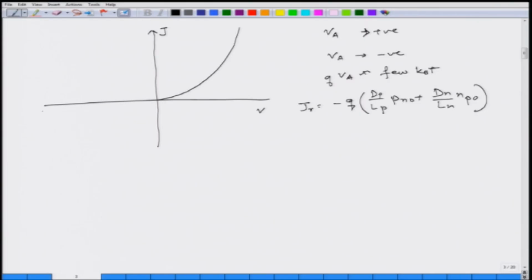So, in the reverse bias, I am going towards constant current, which is given by this, and this is also known as the reverse saturation current. So, this is the ideal IV characteristic of a PN diode.